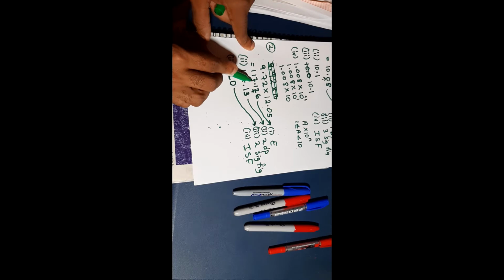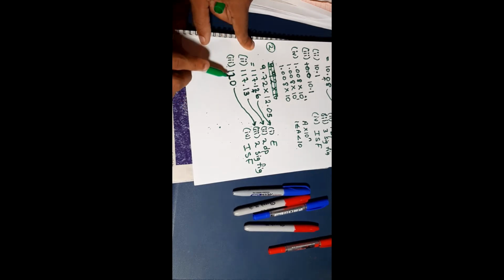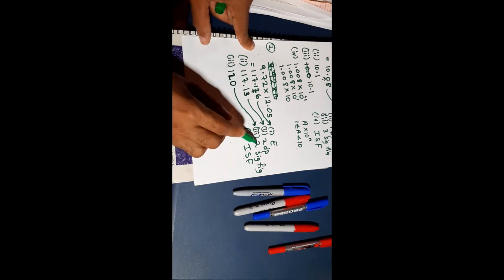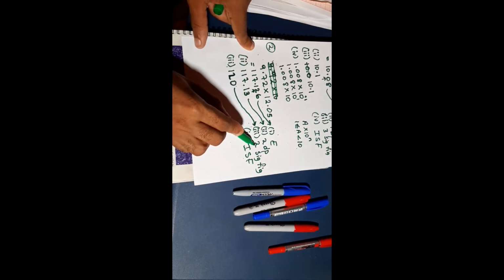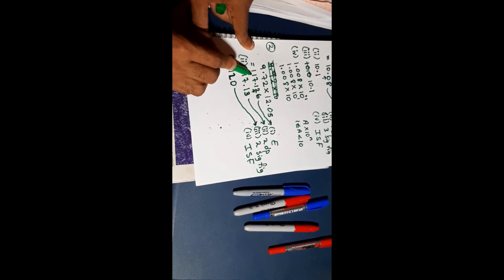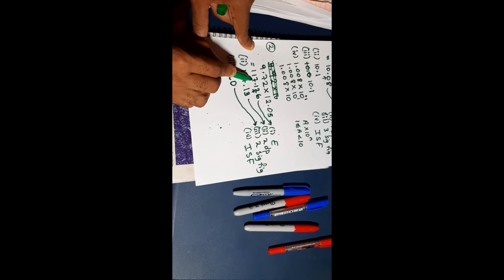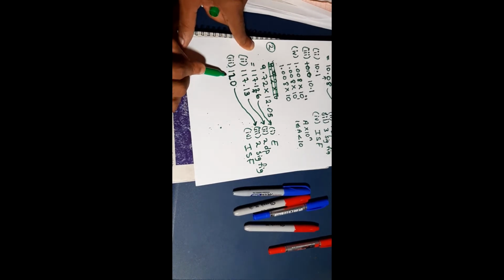But we have to pay attention to the number that follows. If it's greater than 4, we add 1 to the number that fits the position that we want. And remember, we needed 2 significant figures. This 1 fits the second position, which indicates the 2. So 7, we have to pay attention to it. It's greater than 4, so we have to round up this number. So 120 would be our answer.